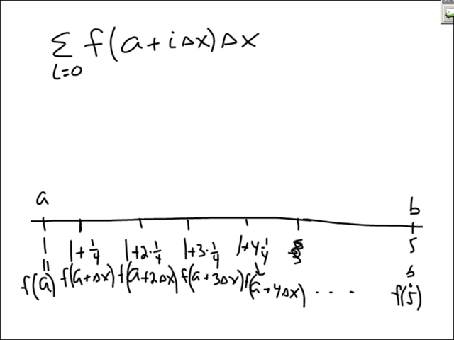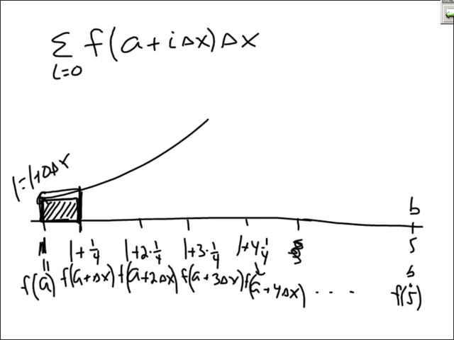In other words, it doesn't matter if you're doing inscribed, lower rectangles, which means you start at 1, or if you do the upper sum. If you're starting at 1, you're adding no delta x's. If you're doing upper rectangles, you're going to start at a plus 1 delta x.